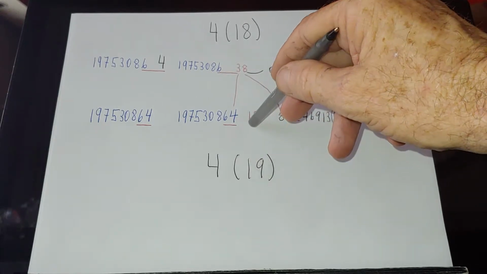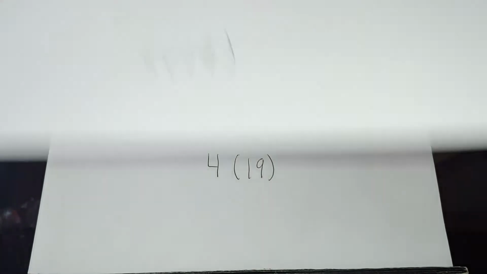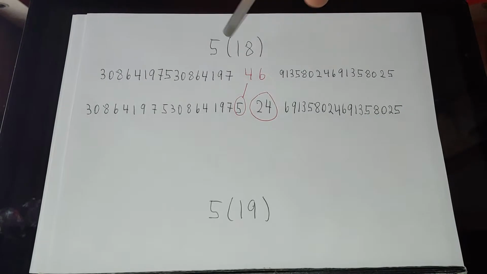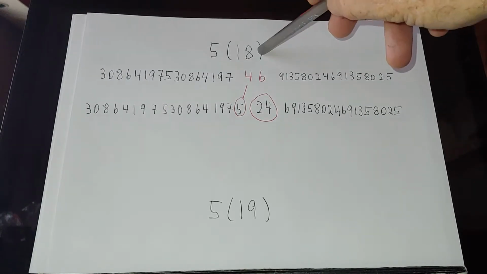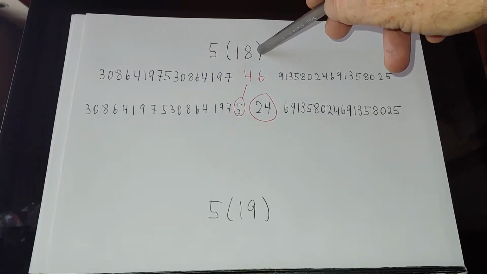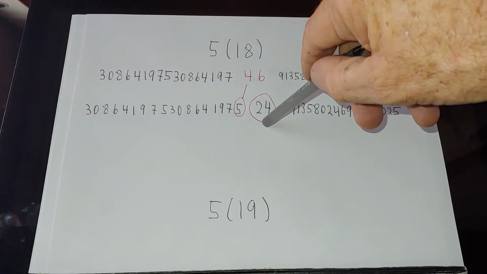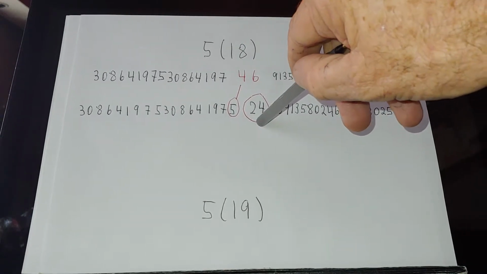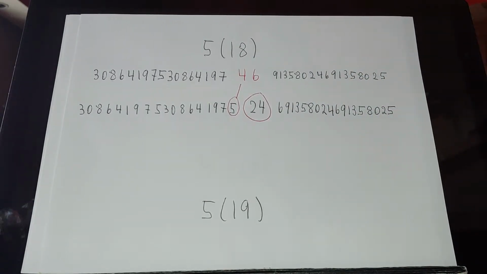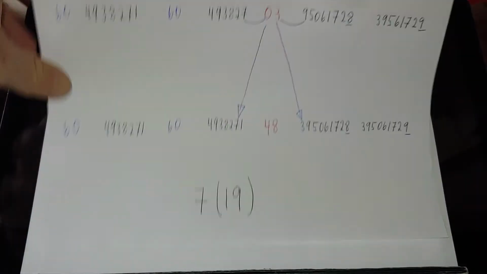It will always be 15 instead of 16. And the same thing applies with 5. 5 squared is 25. It starts off with 25, but in the 10th position it'll be 24, 19th position 24. 27 plus 1 is the 28th position, then 36 plus 1, the 37th position. It goes on to infinity like that.